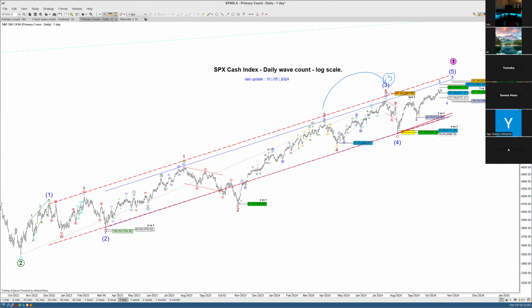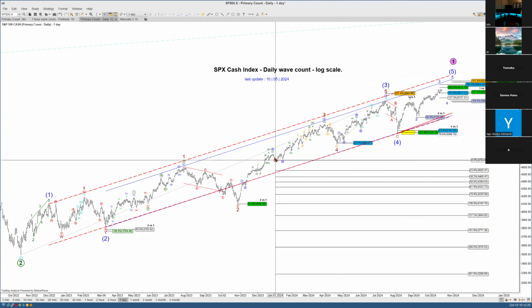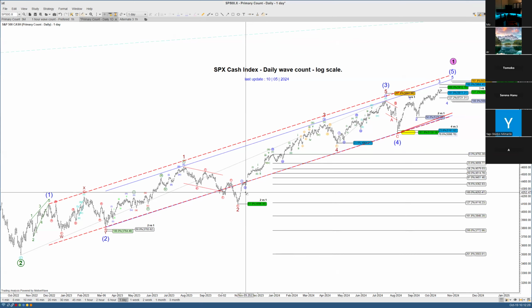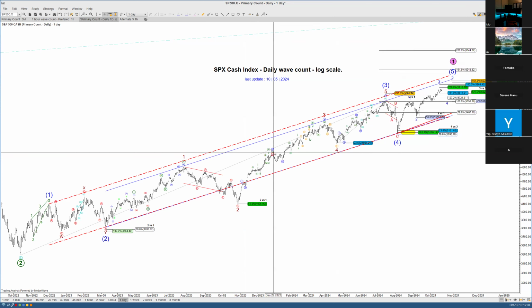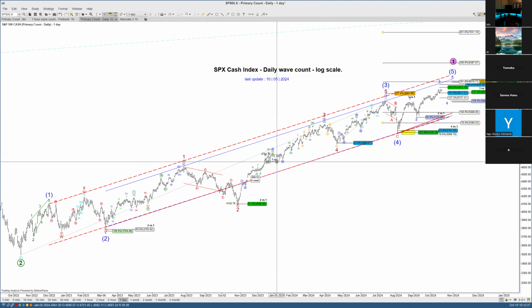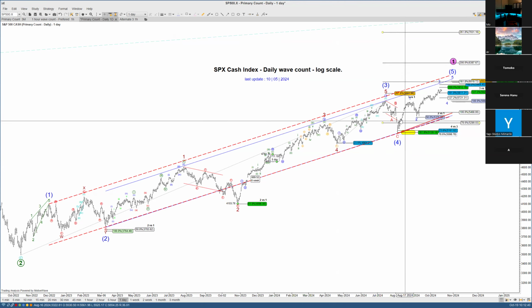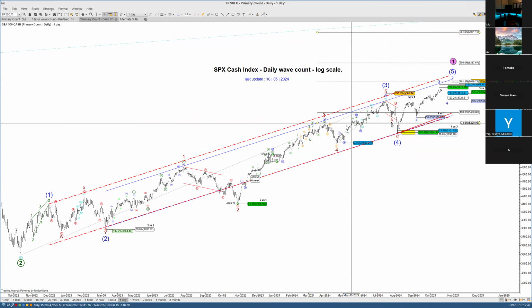So if you count 1, 2, 3, 4, 5, you can do it. But see this wave 3?